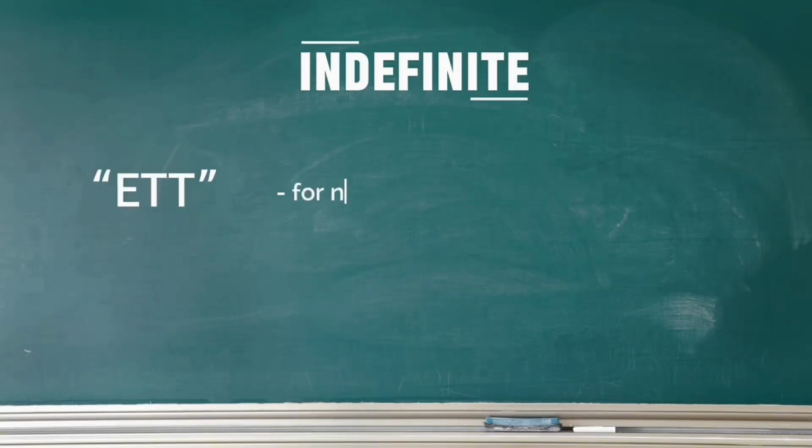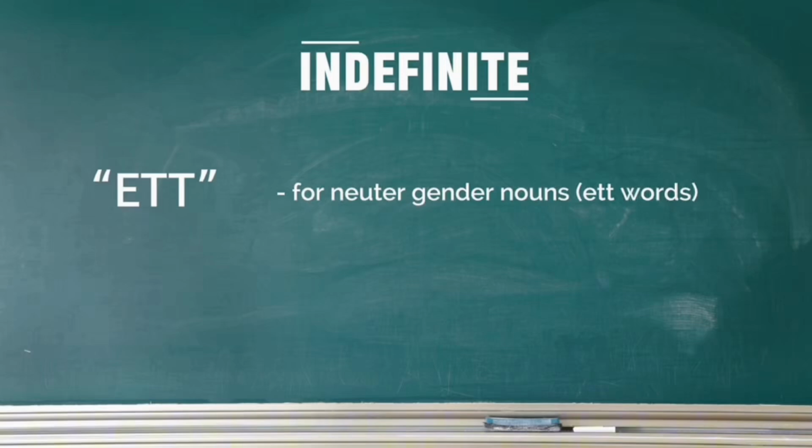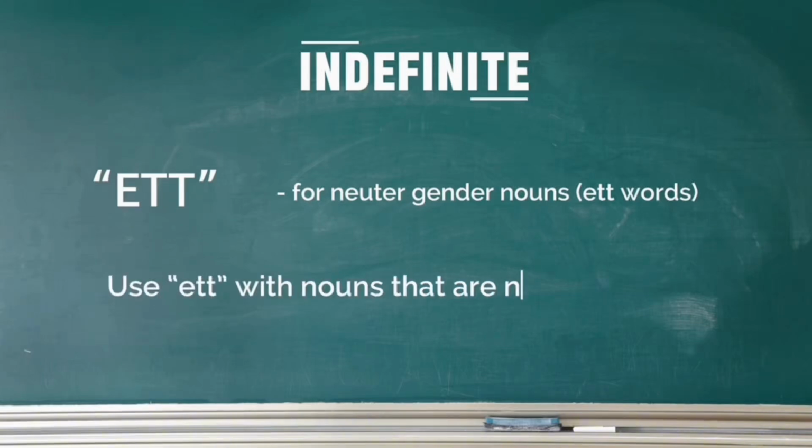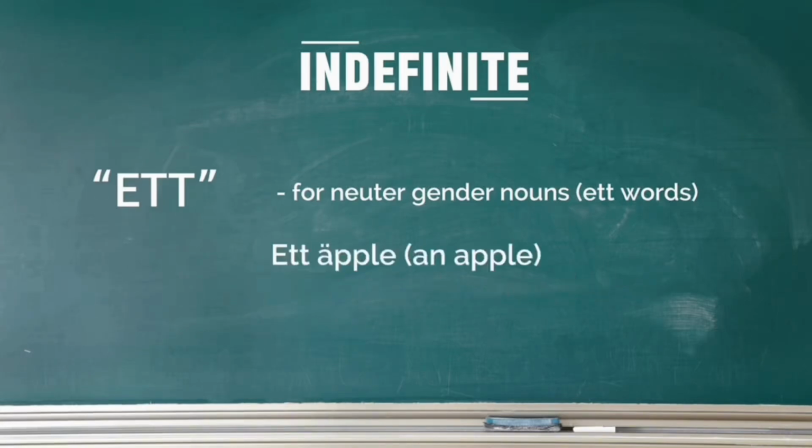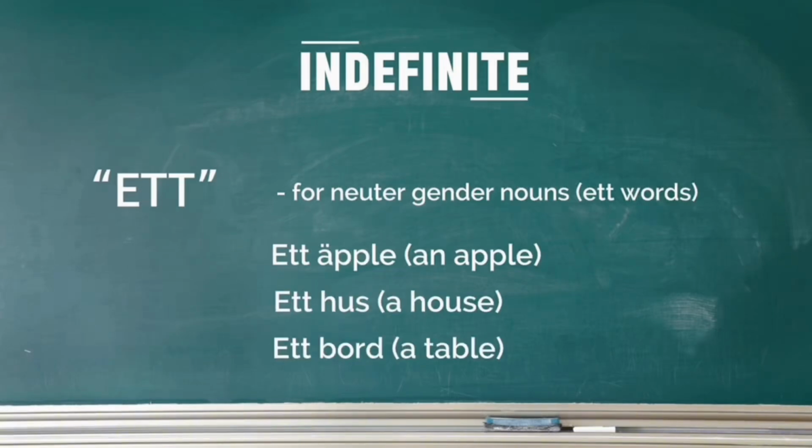Ett, for neuter gender nouns. Use ett with nouns that are neuter gender. These are typically things or objects. Examples: ett äpple, ett hus, ett bord.